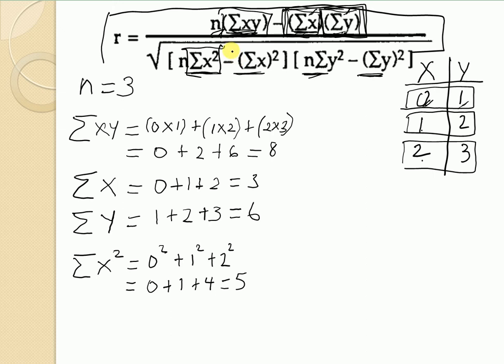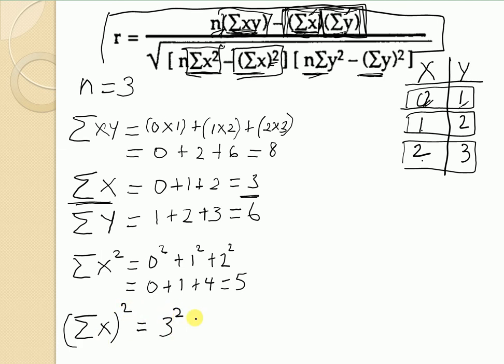To find the sum of x all squared, we take the sum of x, which we already found to be 3, and then we square it. So the sum of x all squared equals 3 squared equals 9.